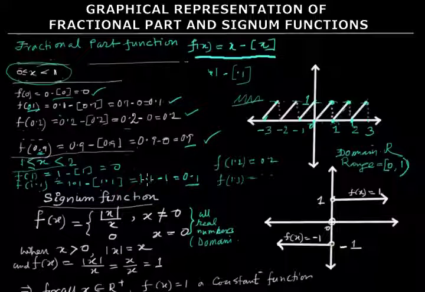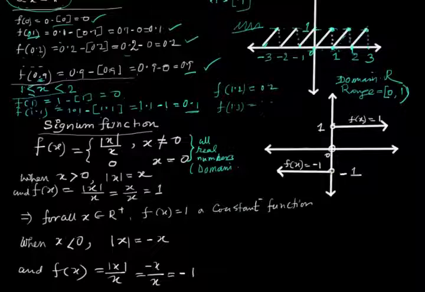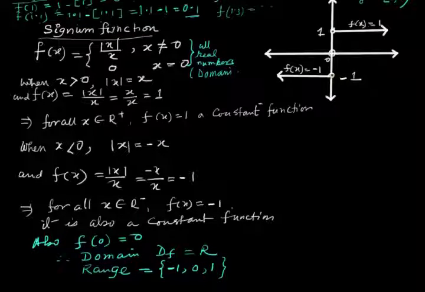Now we'll discuss the Signum function. See the definition of the Signum function. Here f(x) is defined in two parts: |x|/x when x is not equal to 0, and 0 when x equals 0.